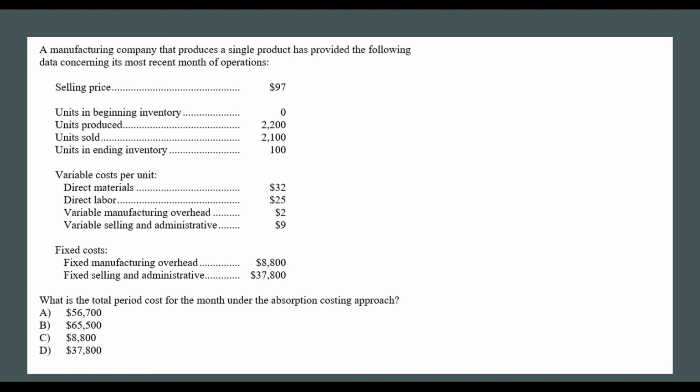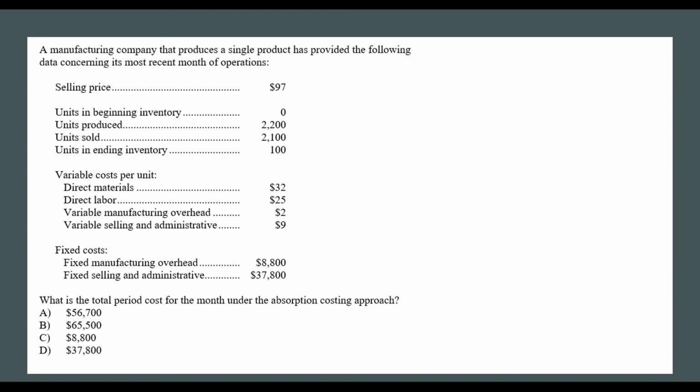Okay, next problem. A manufacturing company that produces a single product has provided the following data concerning its most recent month of operation. So we have here your selling price of $97, your units in beginning inventory of 0, your units produced of 2,200, your units sold of 2,100, and your units in ending inventory of 100.